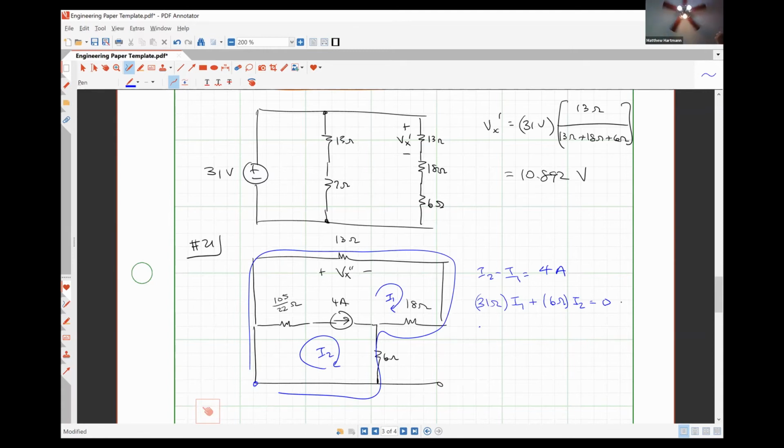And that should be pretty easy to solve. We might actually be able to do that using substitution or something. But anyway, so we can solve that for I1 and I2, and then VX double prime would be negative 13 ohms times I1. Oh, wait. Positive 13 ohms times I1.